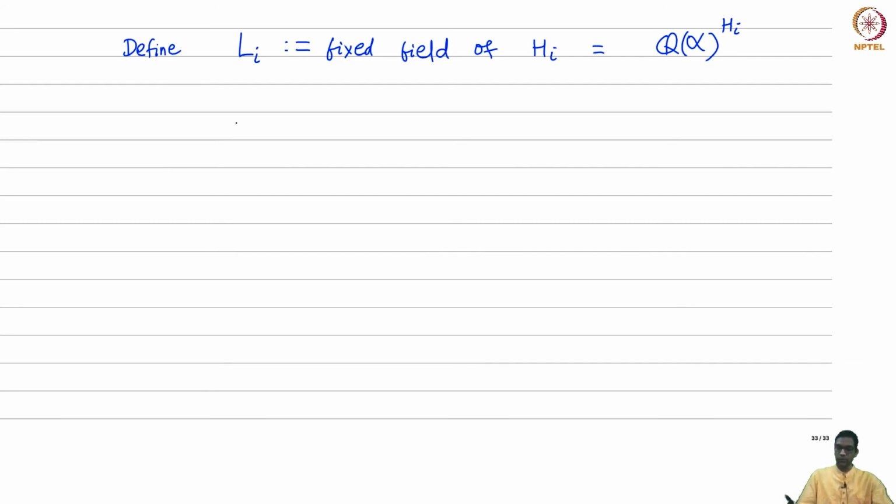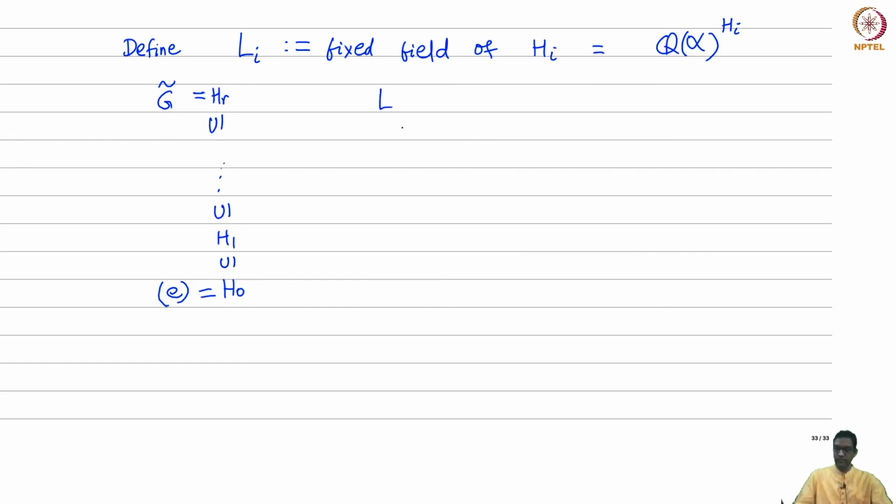Now what would you get? You would just get something which goes in the opposite direction. So in other words, I have G tilde here and I have the identity at the other end. So this is H0 contained in H1 contained in and so on, up to Hr. Now at the level of fields, it just goes in the other order.